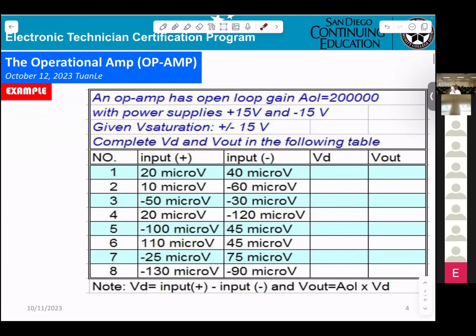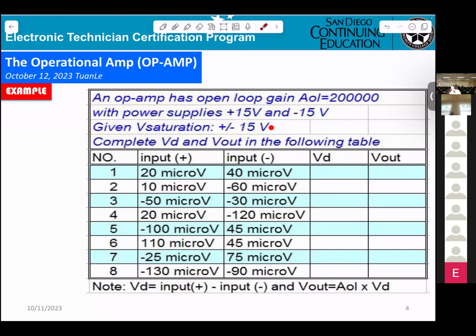Now let's see if we can do this example. An op-amp has open loop gain AOL of 200,000 with a power supply of plus 15 and minus 15 volt. Given a saturation voltage of plus or minus 15.